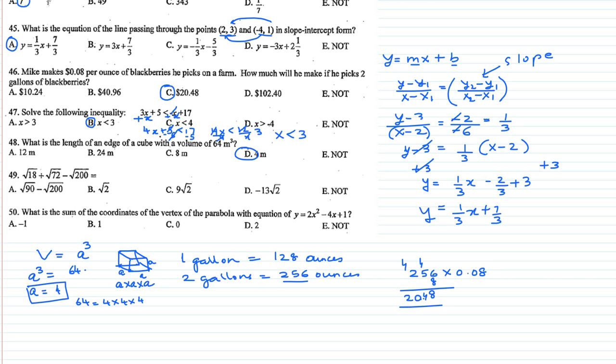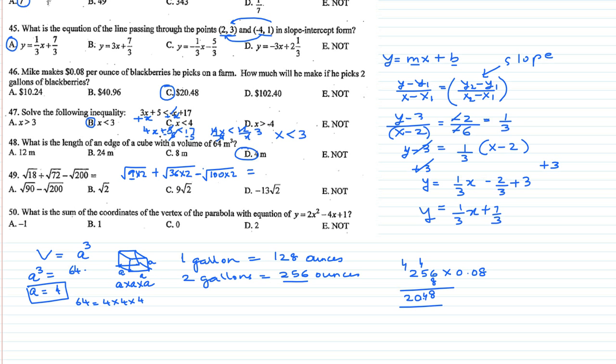Question 49. Square root of 18 plus square root of 72 minus square root of 200. So square root of 18 can be written as square root of 9 times 2. 72 can be written as 36 times 2, and then 200 can be written as 100 times 2.